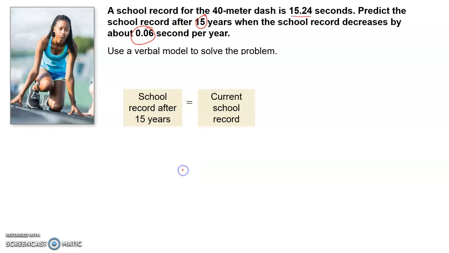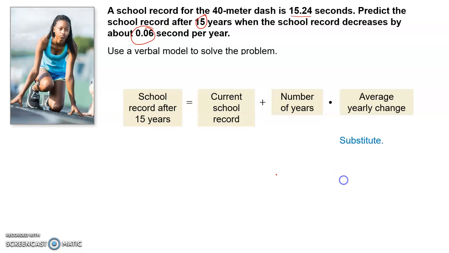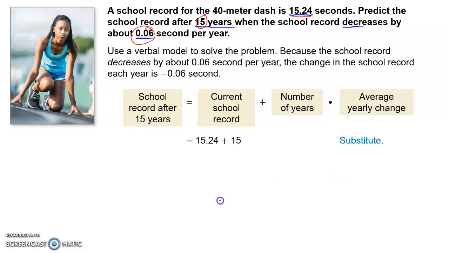So let's see. The school record equals current school record plus number of years times average yearly change. Now the average yearly change is a negative. So if you look at that, that's a negative 0.06 because you're getting faster.